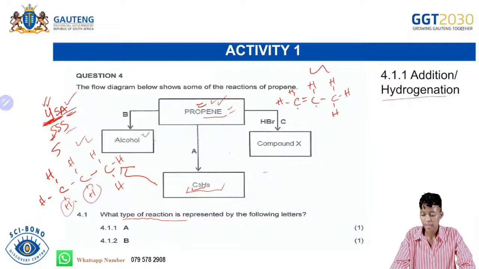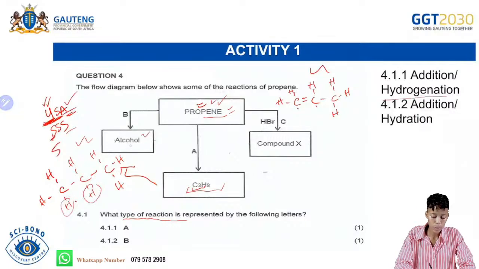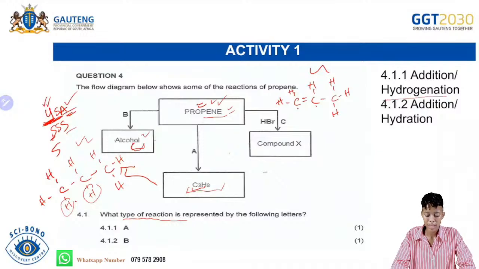But what type of addition reaction is this? Whenever you see that you are going to be forming an alcohol, then you know that what you have added is H2O. Okay? So if you have added H2O, the type of addition reaction would be called hydration.